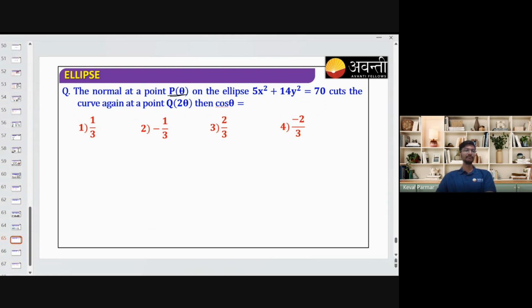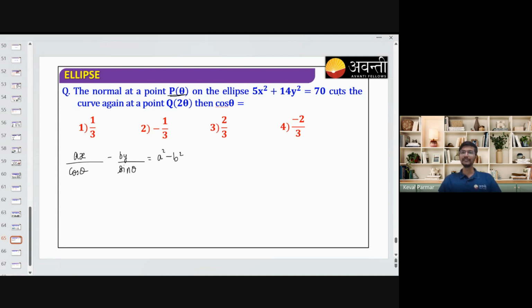That means they want the equation of normal in parametric form. So equation of normal in parametric form was ax upon cos theta minus by upon sin theta is equals to a square minus b square. This was the equation of normal. Ax upon cos theta minus by upon sin theta equals to a square minus b square.